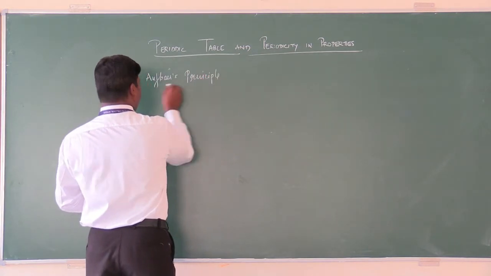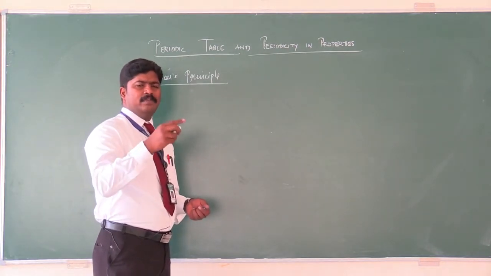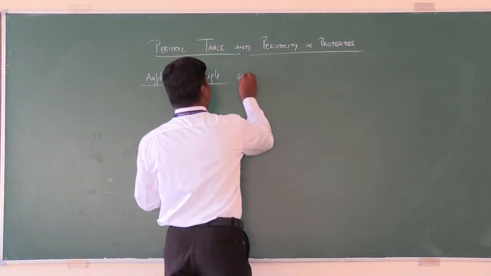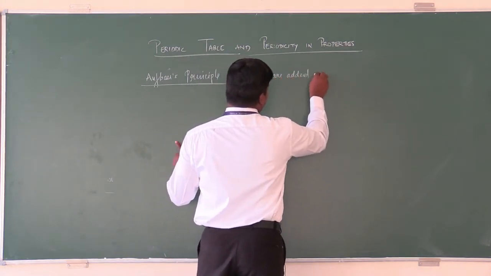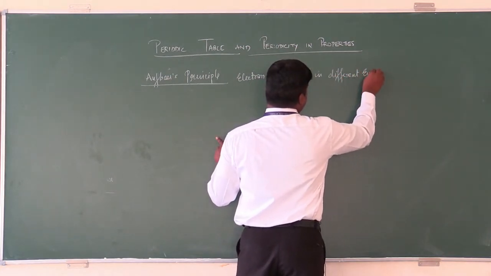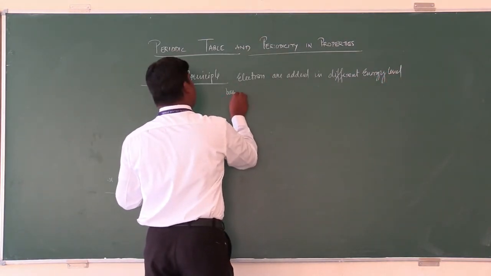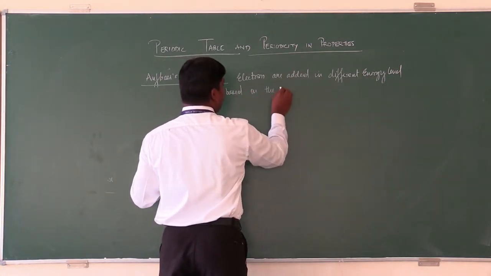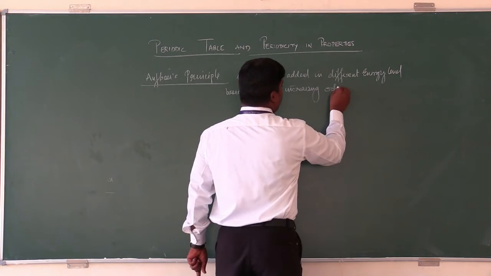By a simple statement, electrons are added in different orbits or different energy levels, based on the increasing orbital energy.